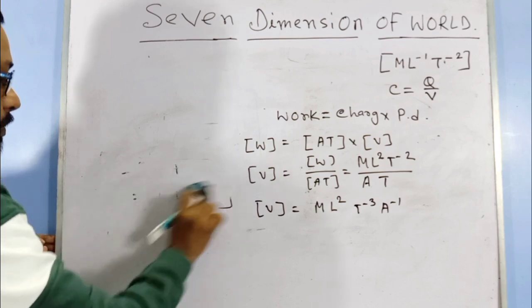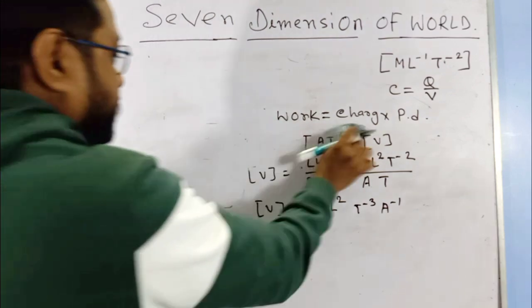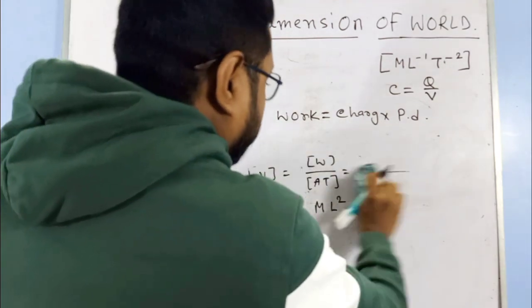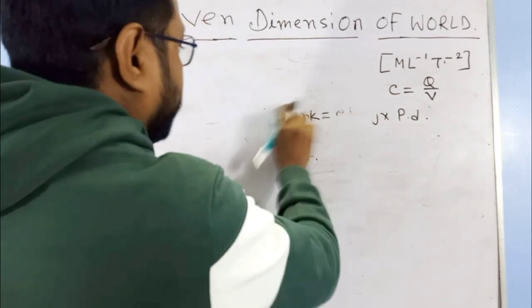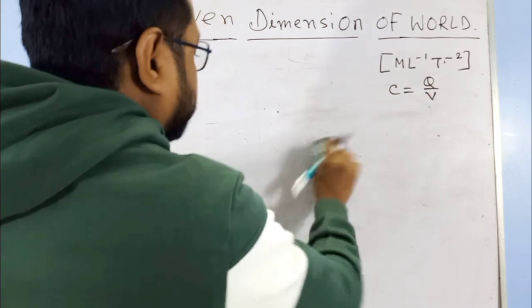Now we can go with the dimension of permeability of free space, that is the dimension of mu 0.